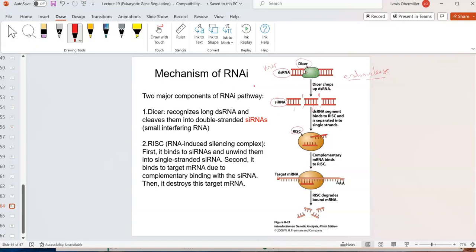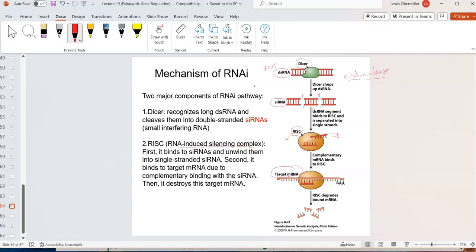These little pieces are bound to what we call the RISC, which is the RNA-induced silencing complex. One of these strands is tossed, and the other strand is retained in the RISC. What RISC does is go through the cell looking for target mRNAs.